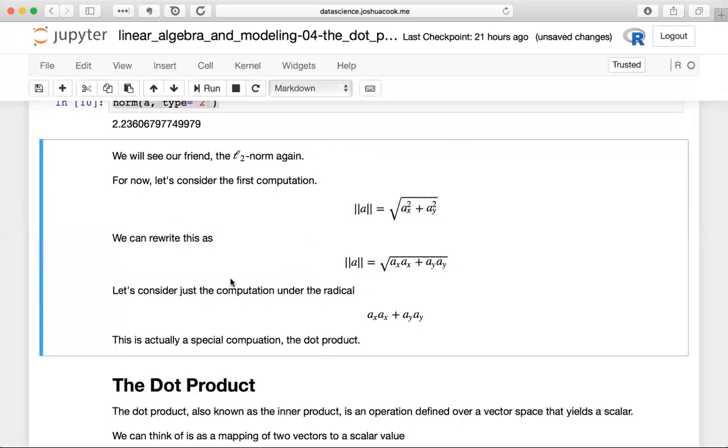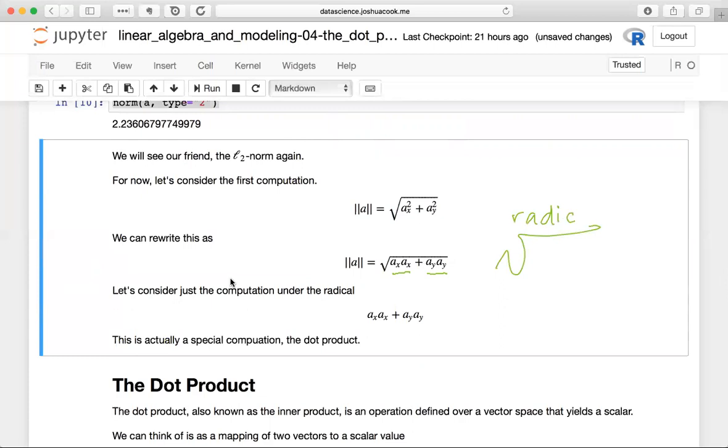So let's have a look at this first computation here. We've got the magnitude of A is equal to the square root of AX squared plus AY squared. And we can change that into the square root of AX times AX plus AY times AY. And what I want to think about is just the part that's underneath the radical. Remember, this is a radical.